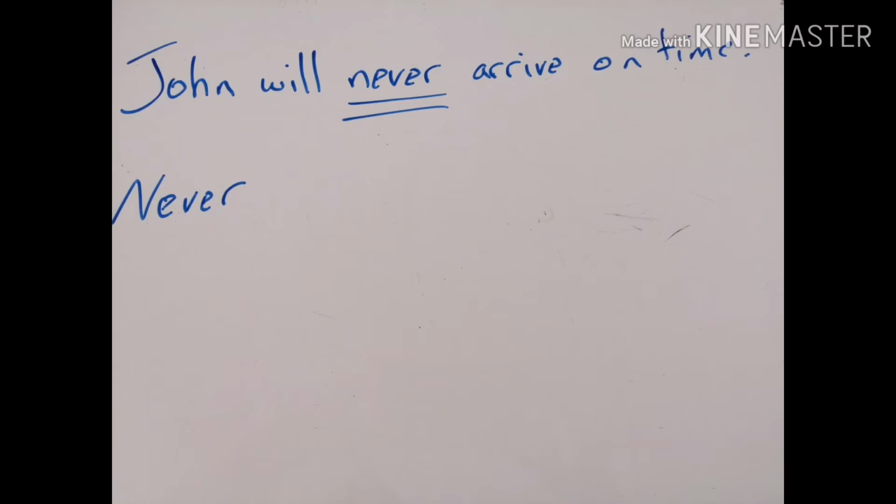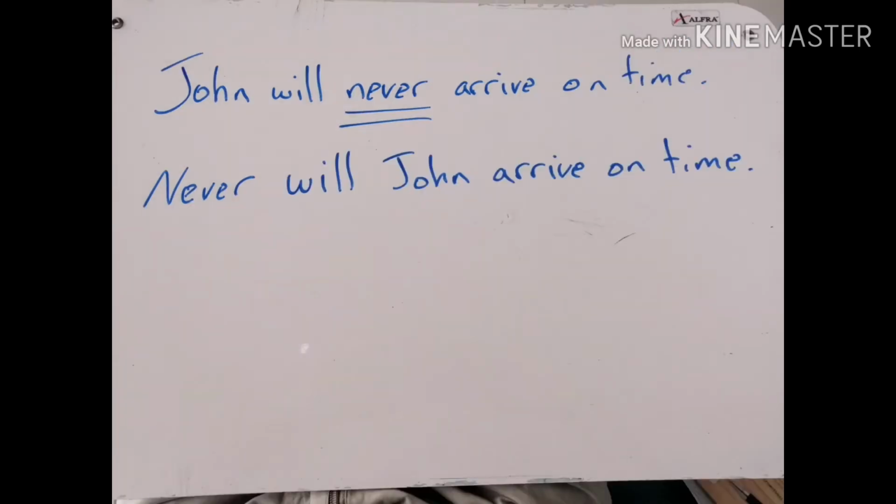In this case, the word will shows us that this is the future tense. So in this case, we don't need do or does because we can use the word will to continue with our inversion. So we end up with the sentence reading, never will John arrive on time. Again, never goes at the start of the sentence, and will John arrive is our inversion.